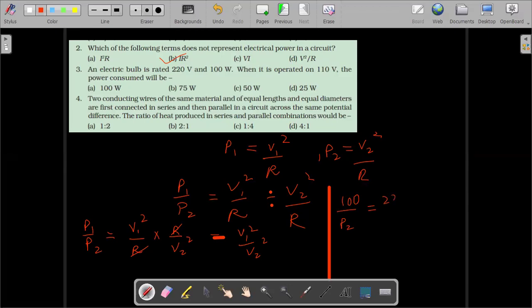V1 is 220, so 220 squared divided by 110 squared. So 100 over P2 will be equal to 2 squared. And 2 squared is 4. So P2 is 25. Yes, the answer is 25 watt, not the 50 watt. Got it?